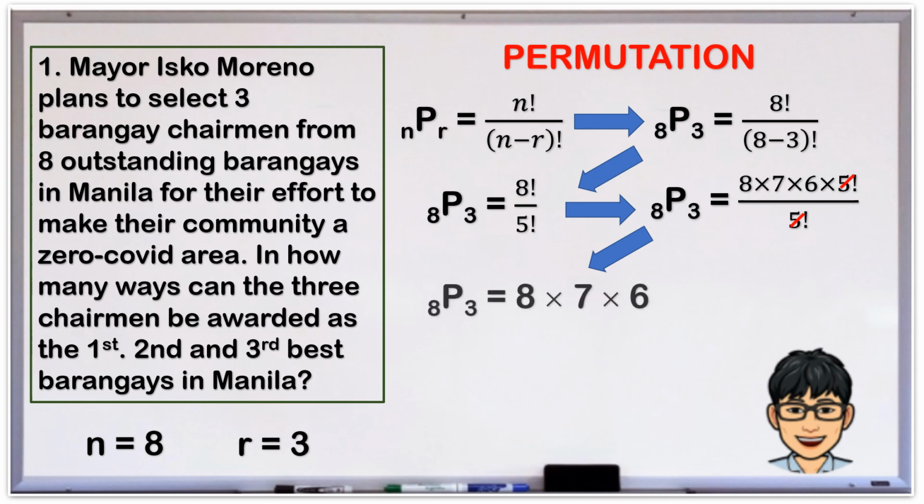And then, let us now find the product of 8 times 7 times 6. And that is equal to 336. Makikita natin dito na si Mayor Isko Moreno ay merong 336 ways para makapamili ng 3 best barangay chairman.